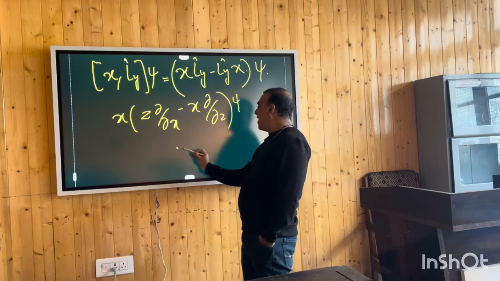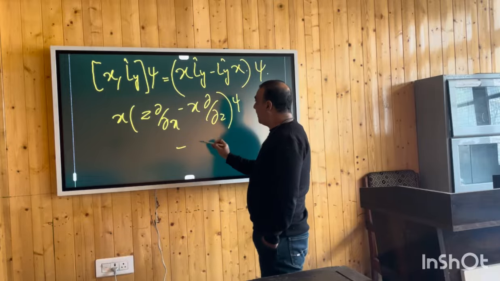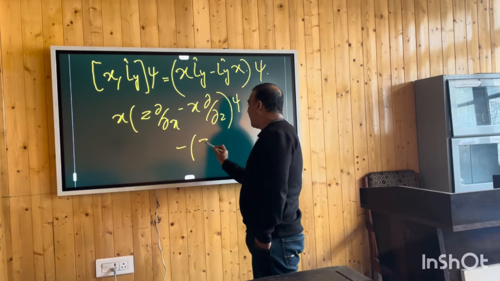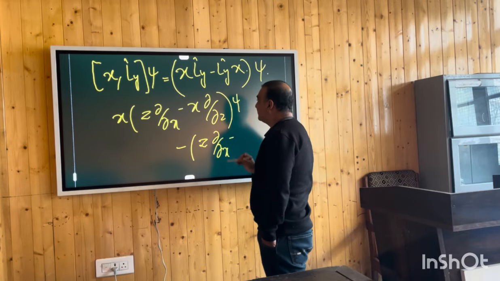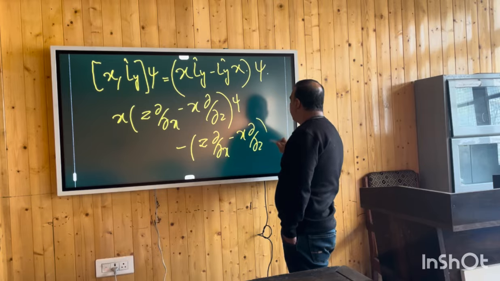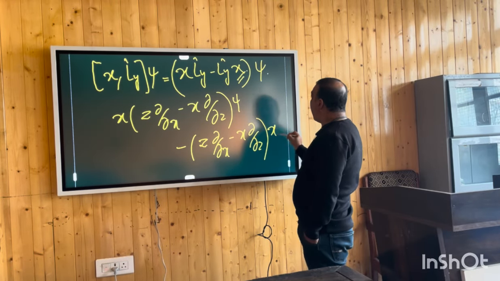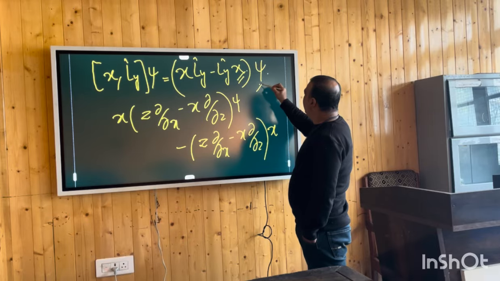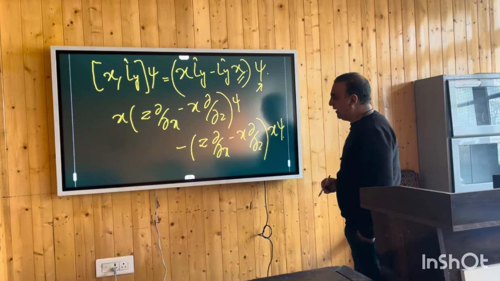Then you have a minus, Ly, which is, as I have written, z dou by dou x minus x dou by dou z, and this will be multiplied by x and the eigenfunction psi.